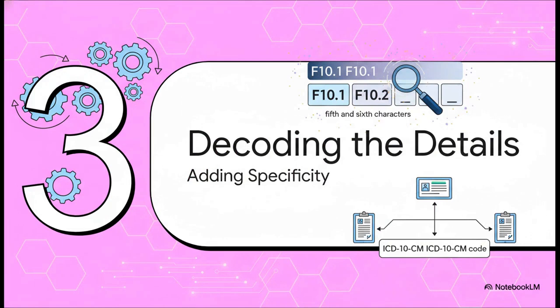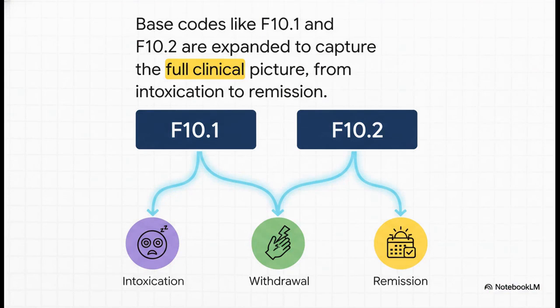But here's the thing. Those base codes, F10.1 and F10.2, they're really just the beginning. To paint a truly accurate picture of what's going on with the patient, we have to add more detail, and we do that using the 5th and 6th characters of the code. This is so important because this expansion is what lets the code tell a much more specific story about the patient's condition right now. Are they intoxicated? Are they experiencing withdrawal?